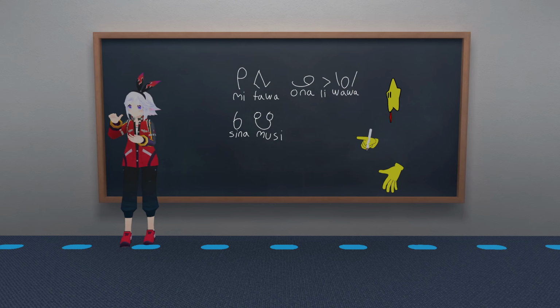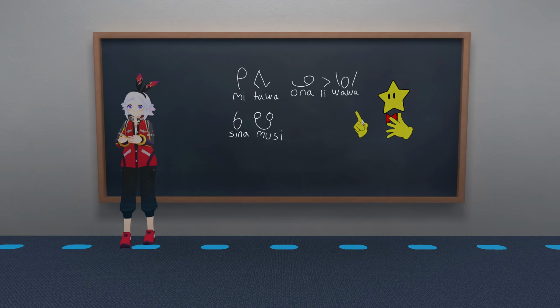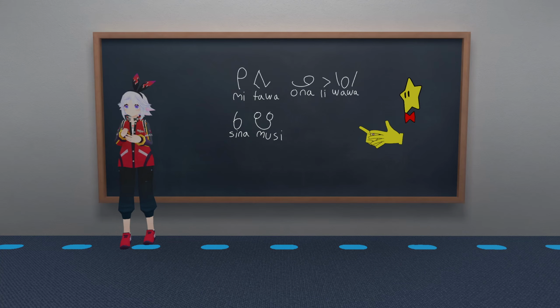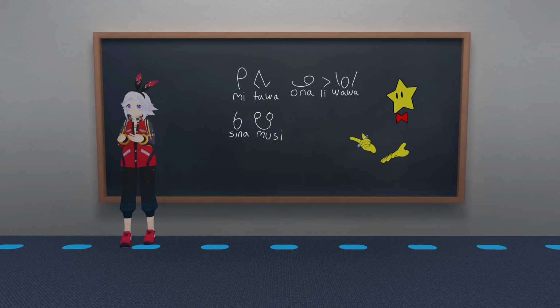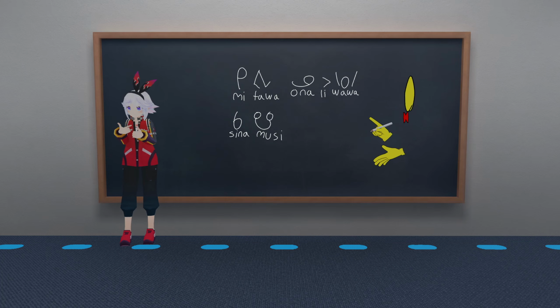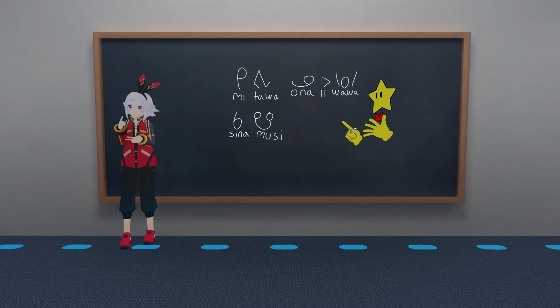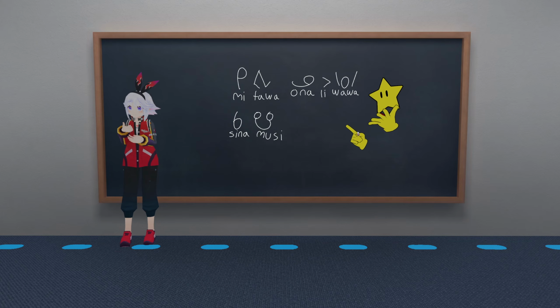W-A-W-A. Wawa is strong, powerful, confident, energetic. And so ona li wawa is like they are confident or they are strong.